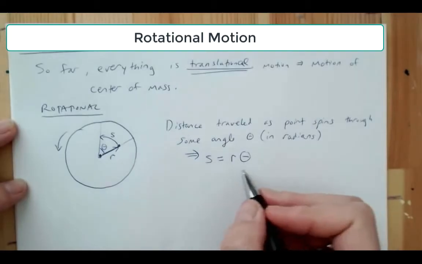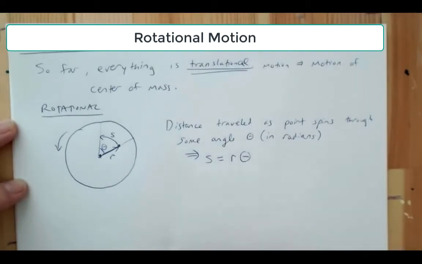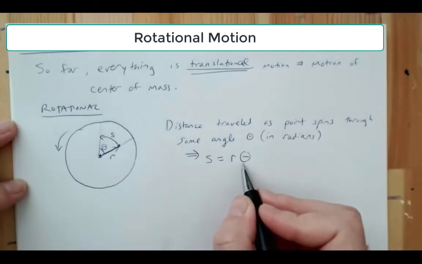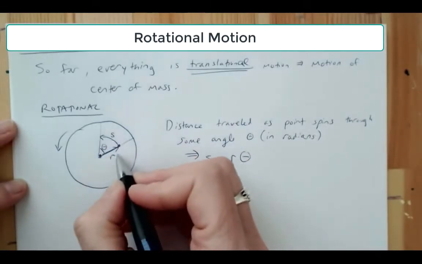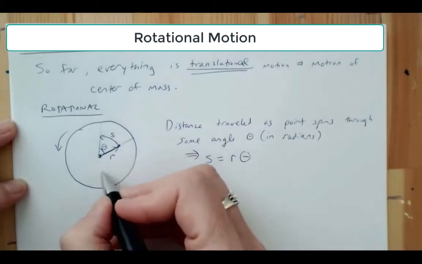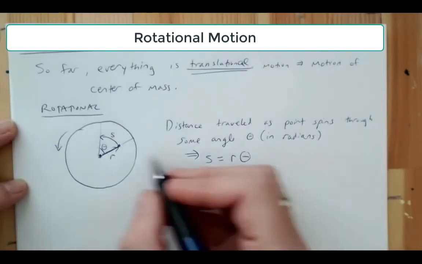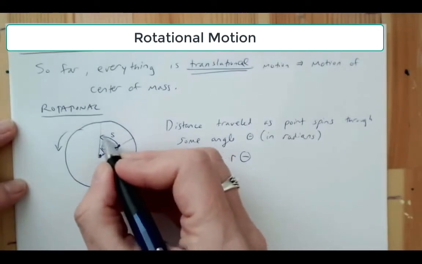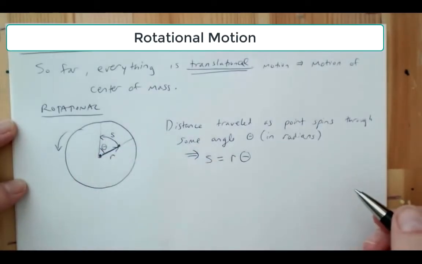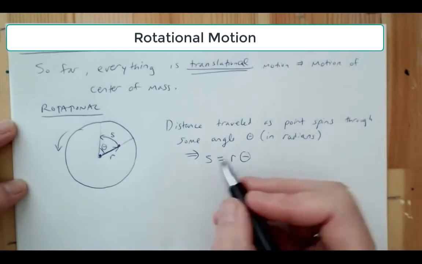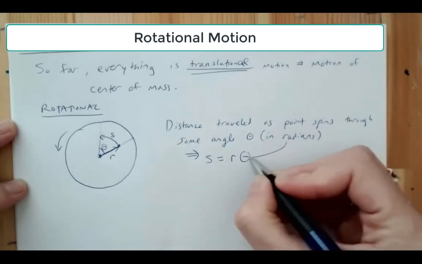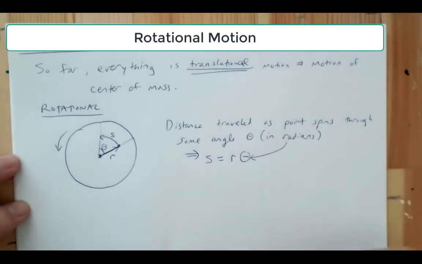So hopefully that's something that you've seen before. It's a refresher of the basic geometry of the circle. It makes sense that if you go through 2 pi, then the circumference of that circle is 2 pi r. And so this then is just the small portion of that circumference, depending on what theta is, again in radians.